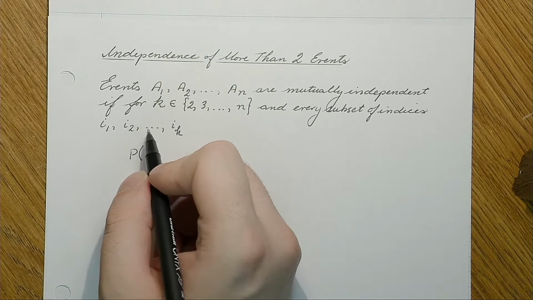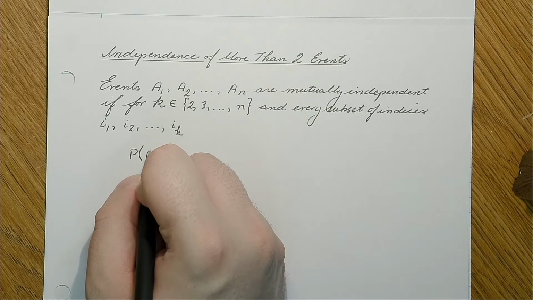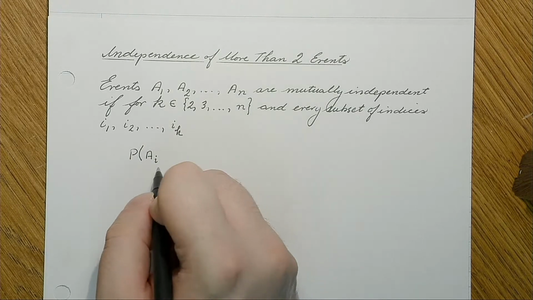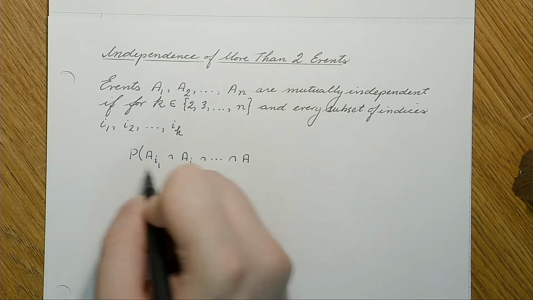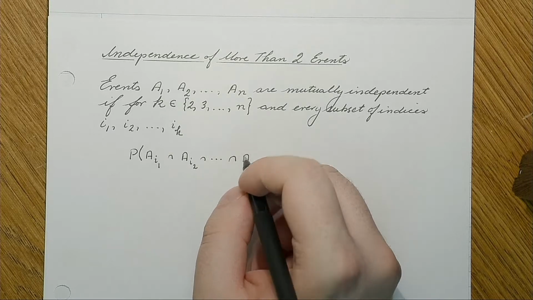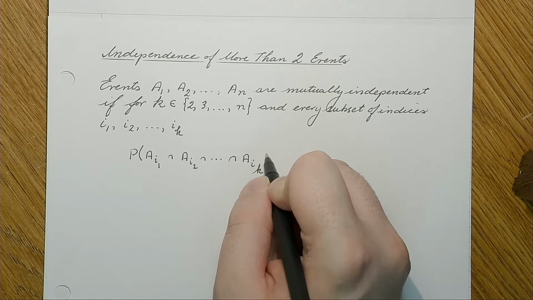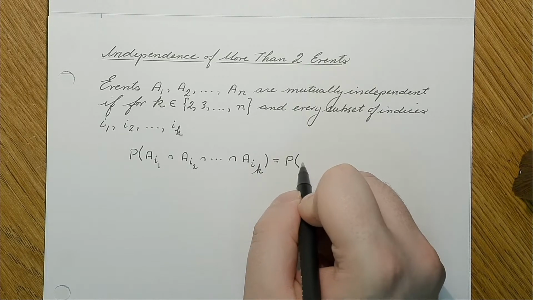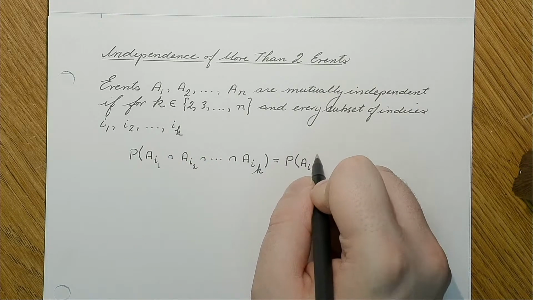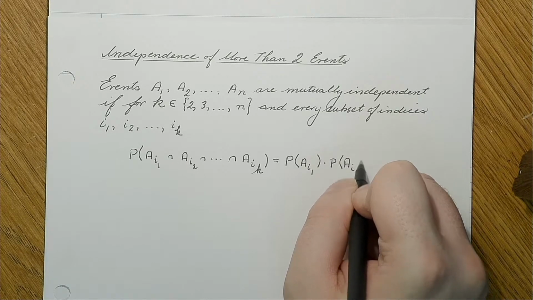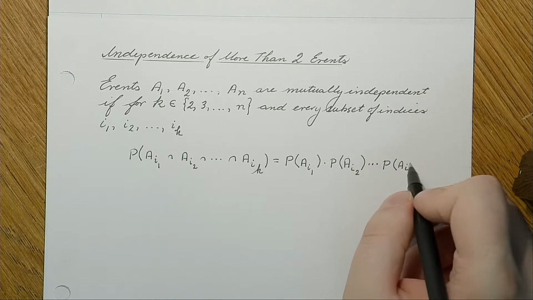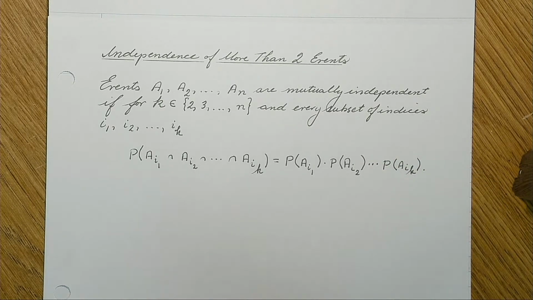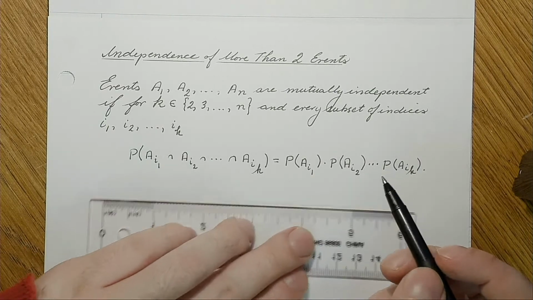Well, what they do is they say if for any of these indices, subset, so I have, let's say, i1, i2, so I'm taking any collection of the intersections, finite intersections, then all I'm doing is I'm just taking these and multiplying them.